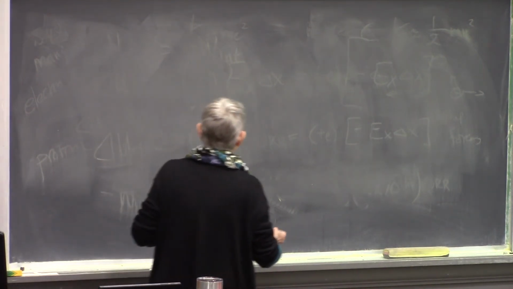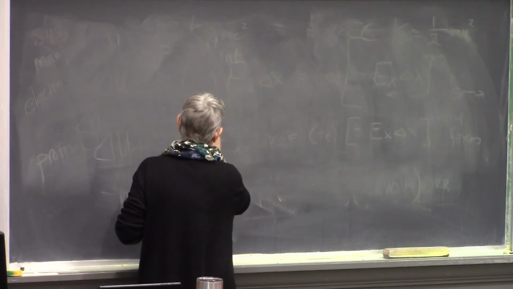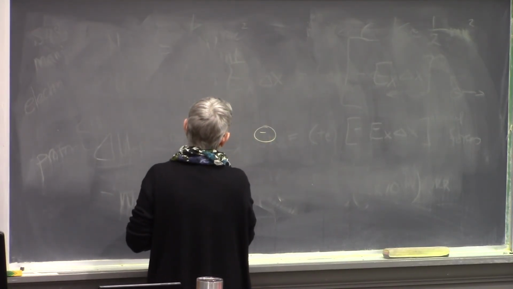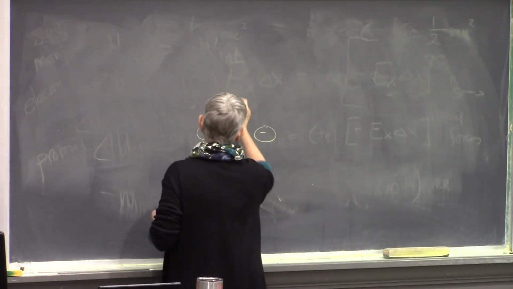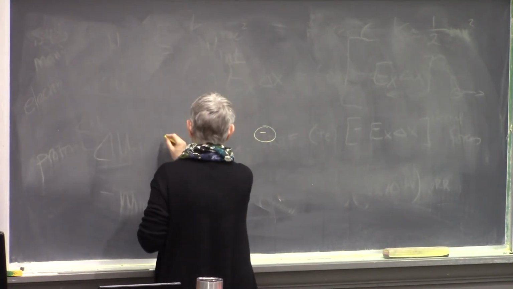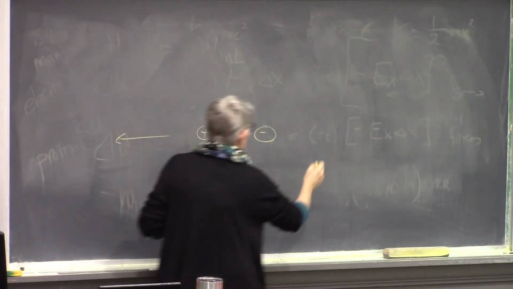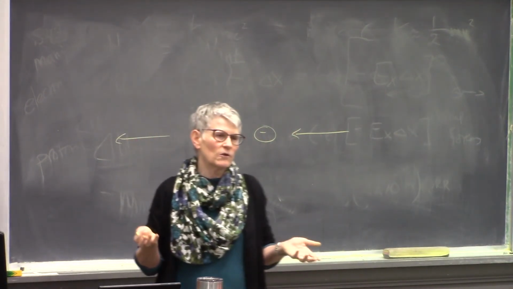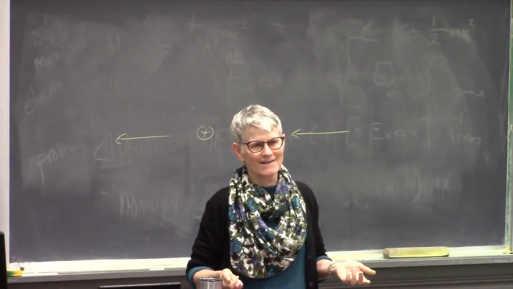Now Tristan asked an interesting question, which is, we know that the electric field due to a dipole isn't uniform, right? Up to now we've been talking about uniform fields because that was the easy thing to talk about.